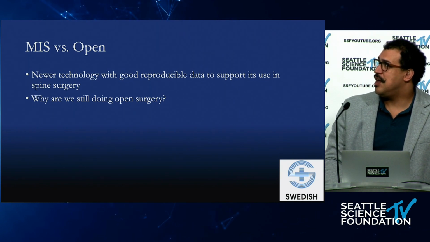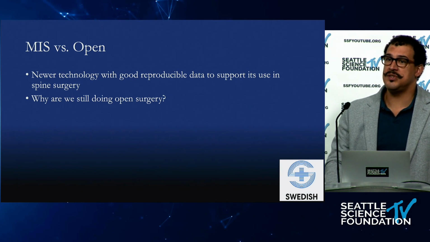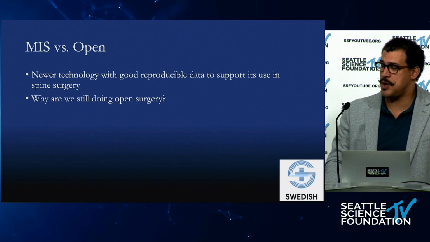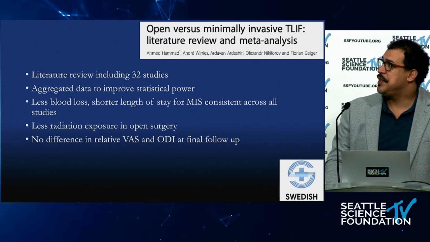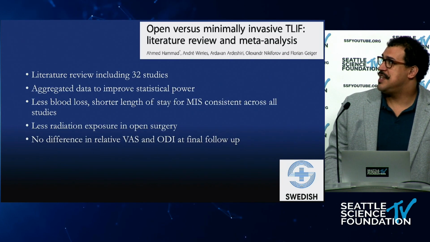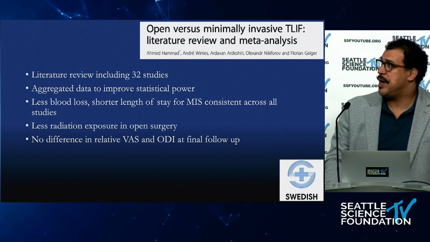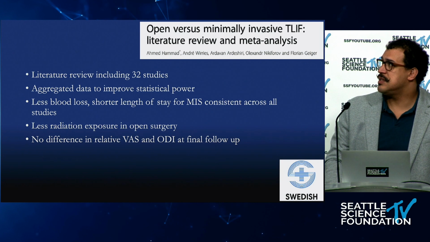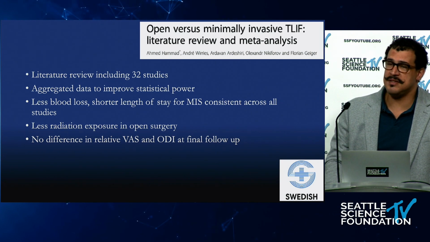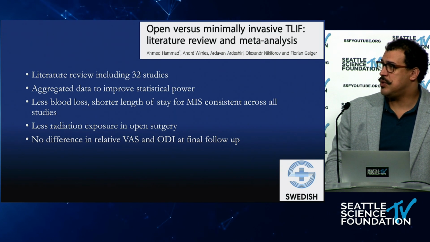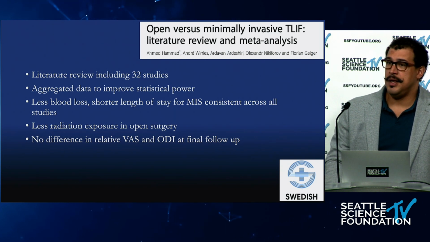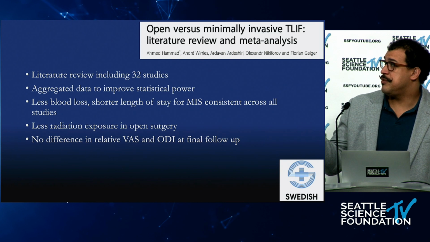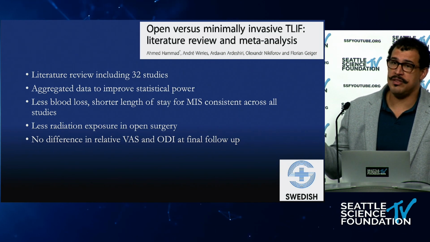Obviously, new technology with good reproducible data, if MIS is so much superior, why are we still doing open surgery? Obviously there is data to support that MIS is better, and it's really blood loss and length of stay, and that's been consistent across a lot of studies. If all things are created equal, there's no statistical difference in VAS and ODI at the final follow-up.